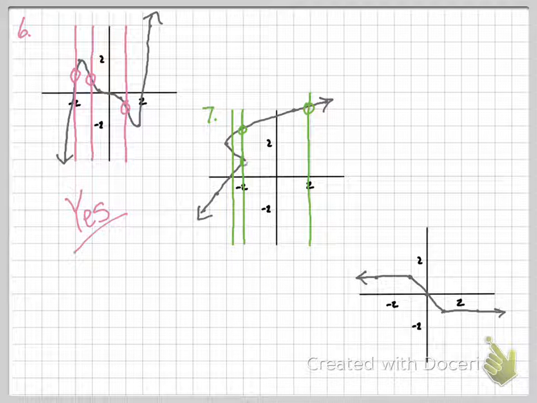The second line I drew crossed in 2 spots. The third line I drew actually crossed in 3 points. Okay? Because it's crossed in more than one point at a given vertical line, no, this is not a function.